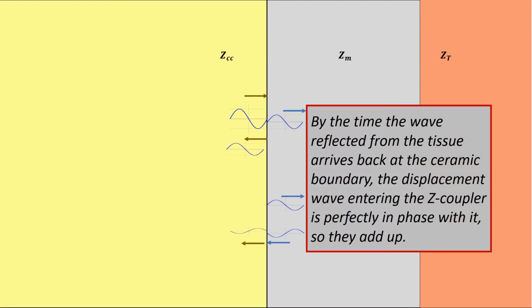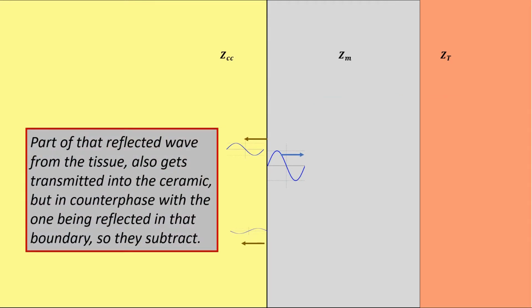By the time the wave reflected from the tissue arrives back at the ceramic boundary, the displacement wave entering the zeta coupler is perfectly in phase with it, so they add up. Part of that wave from the tissue also gets transmitted into the ceramic, but in counterphase with the one being reflected in that boundary, so they subtract.